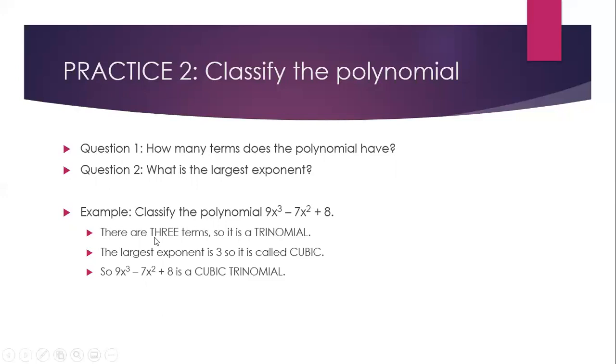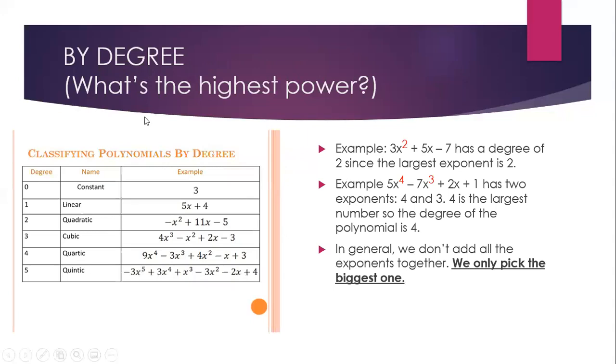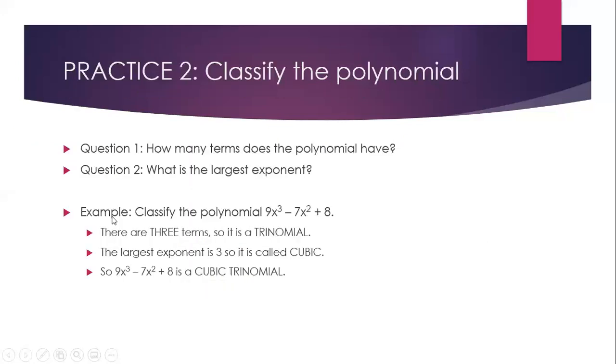Then we ask, what is the largest exponent or the highest power? In this case, the largest exponent is a 3 because we have a 3 and a 2, so it has to be a 3. If it has a degree of 3, what do we call it? We go back here. If it has a degree of 3, we call it cubic. So what we have is a trinomial that is cubic. What we have is a cubic trinomial.